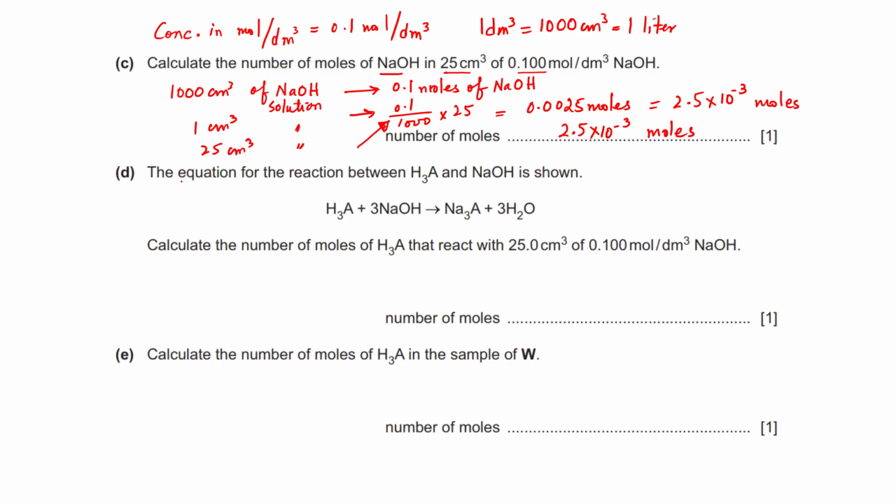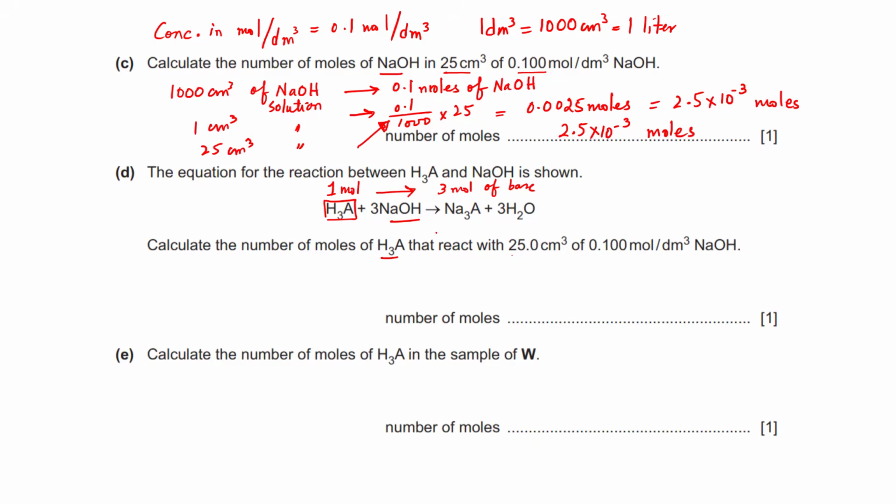Then part D. It says the equation for the reaction between H3A and sodium hydroxide is shown. So this is the reaction. Calculate the number of moles of H3A that react with 25 centimeter cube of 0.1 mole per decimeter cube of sodium hydroxide. Okay. So remember, from the equation, we have 1 mole of acid reacting with 3 moles of base, that is sodium hydroxide.